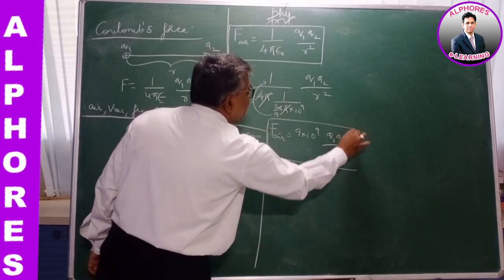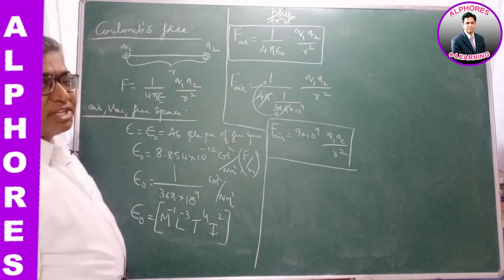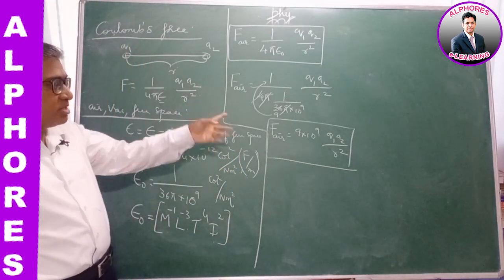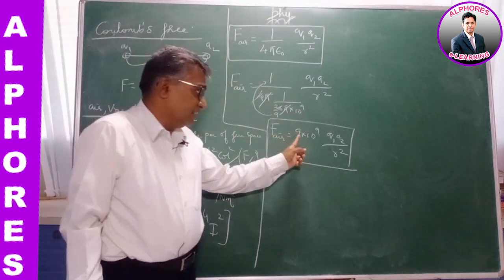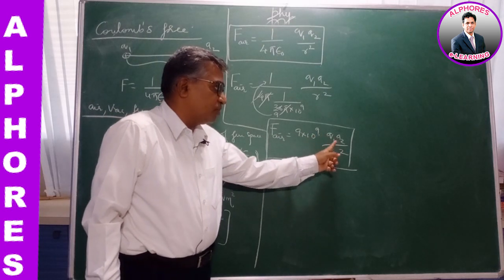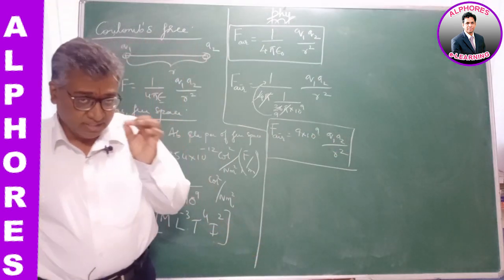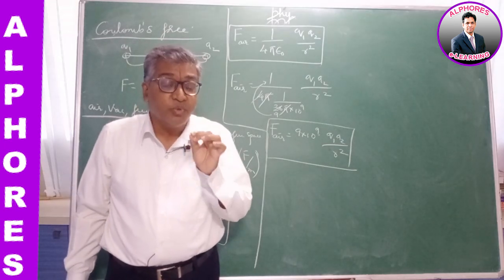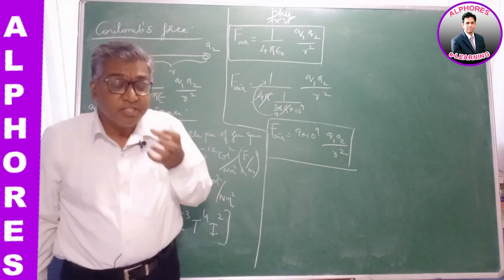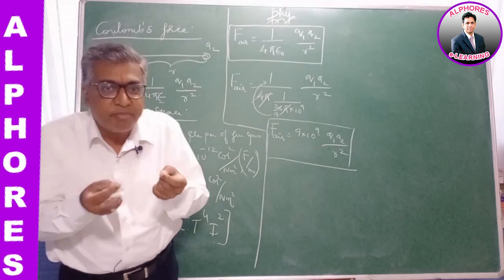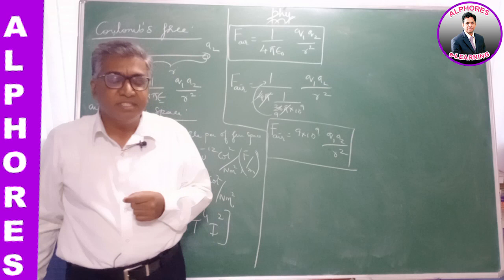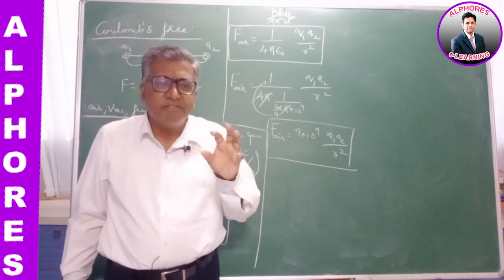This is the value of the electrostatic force between two charges Q1 Q2 separated by distance r. It is 9 into 10 power 9 times Q1 Q2 by r square. That is the reason why electrostatic force, Coulomb force, is a strong force. Even for minute charges, the force between them is so strong that we are able to notice it. Whereas gravitational force is a weak force.